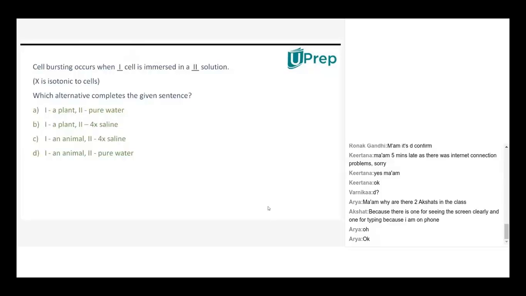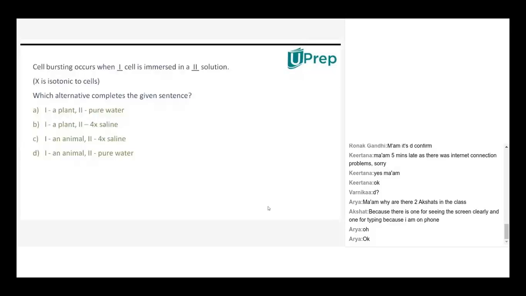But here the question is about bursting of the cell. So cell bursting of an animal cell happens when it is kept in pure water. Pure water is hypotonic to the animal cell. The water concentration outside, in pure water, is higher compared to inside the animal cell.